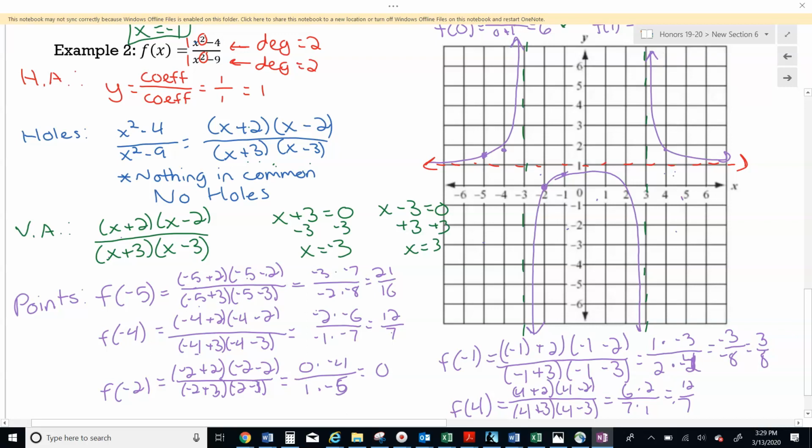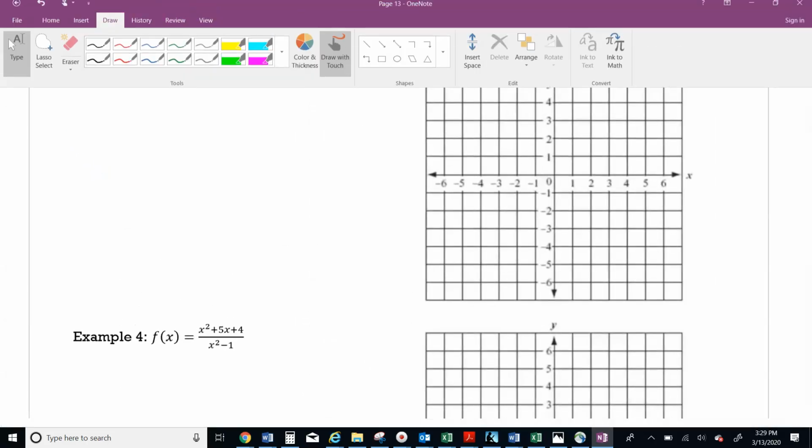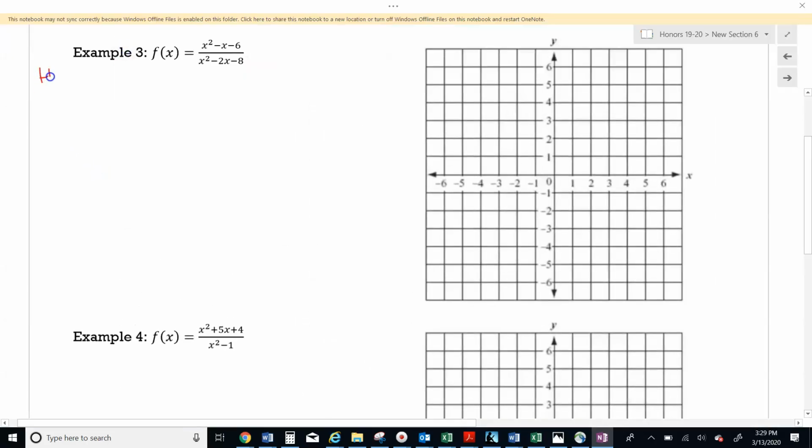Alright, let's do one more example. First of all, horizontal asymptotes. I have a 2 and a 2.